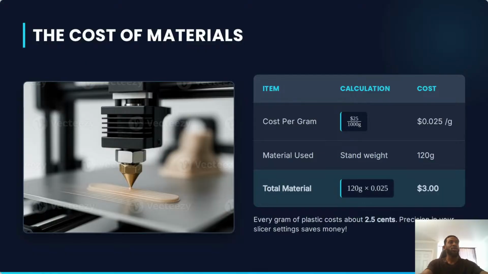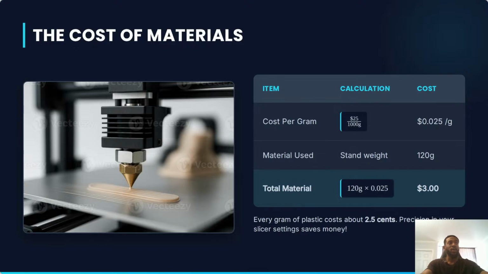So in order to determine the cost for each gram, all you have to do is divide 25 by 1,000, and you get 0.025 dollars per gram. So this is how much it's going to cost per each gram.